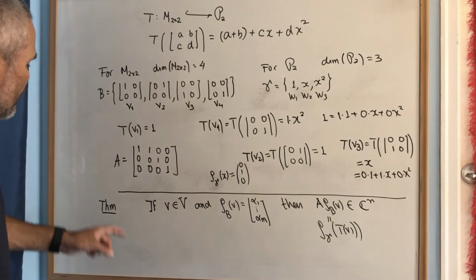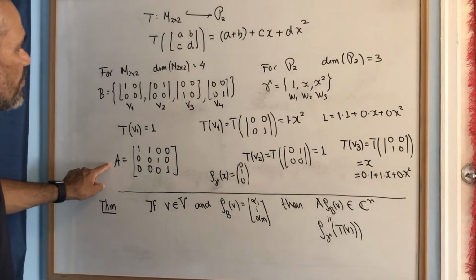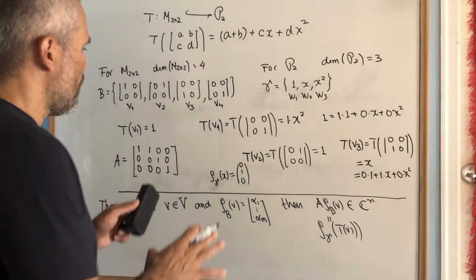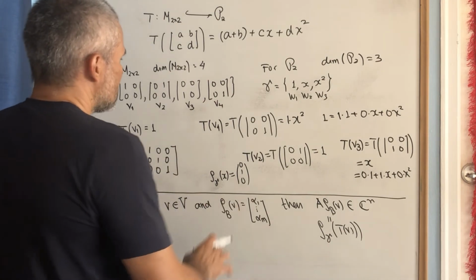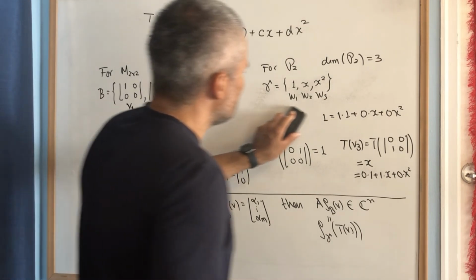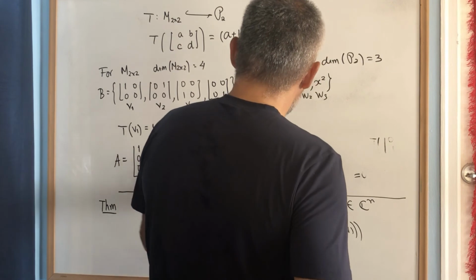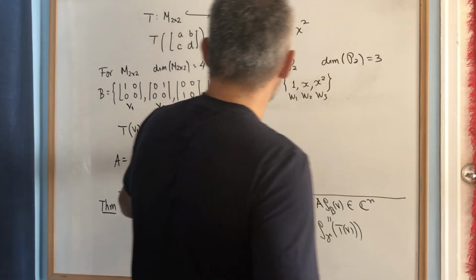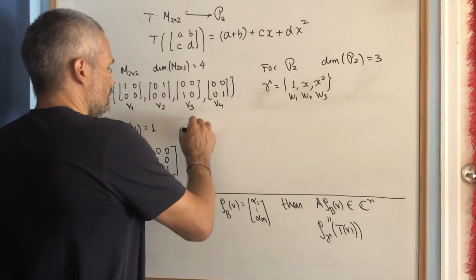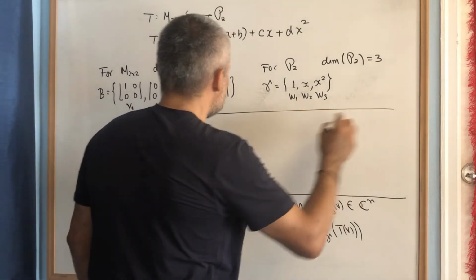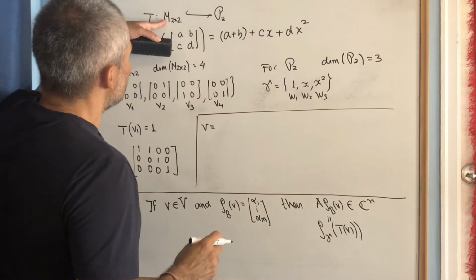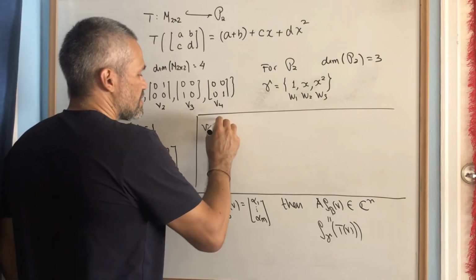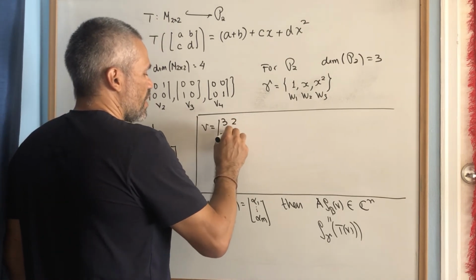about the matrix representation. Maybe we can do an example to illustrate this property. Let me erase this. And let's take a matrix. Let's suppose that my vector V in this vector space is the matrix 3, 2, negative 1, 4.